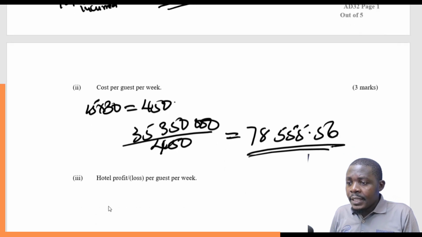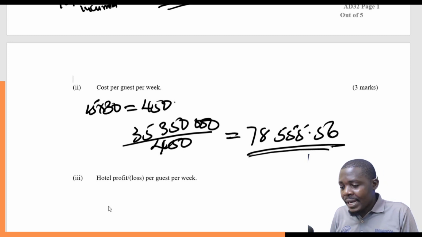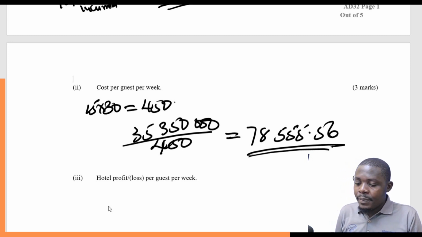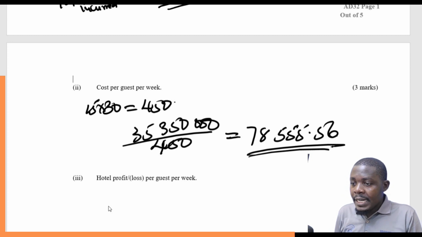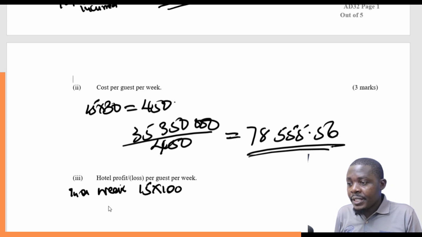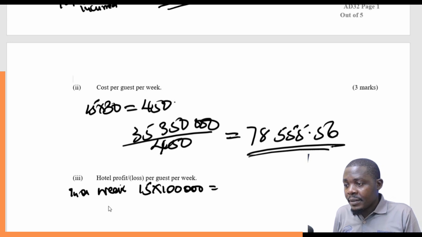Then hotel profit or loss per guest per week. In a week, we received 15 guests and each guest was paying 100,000.